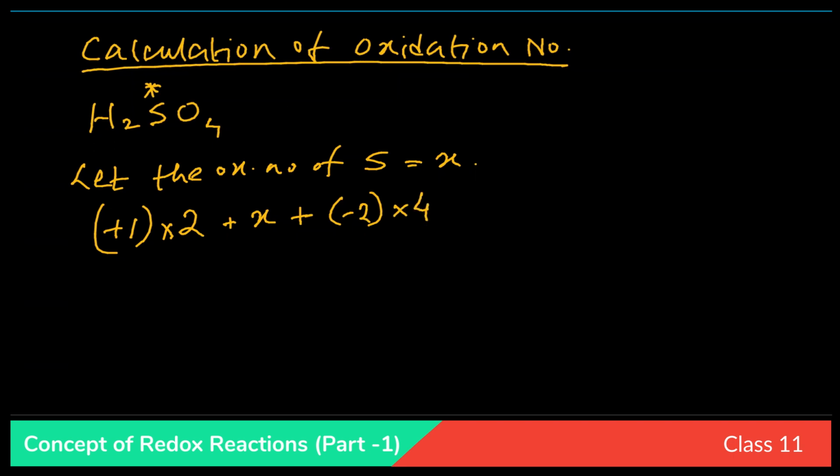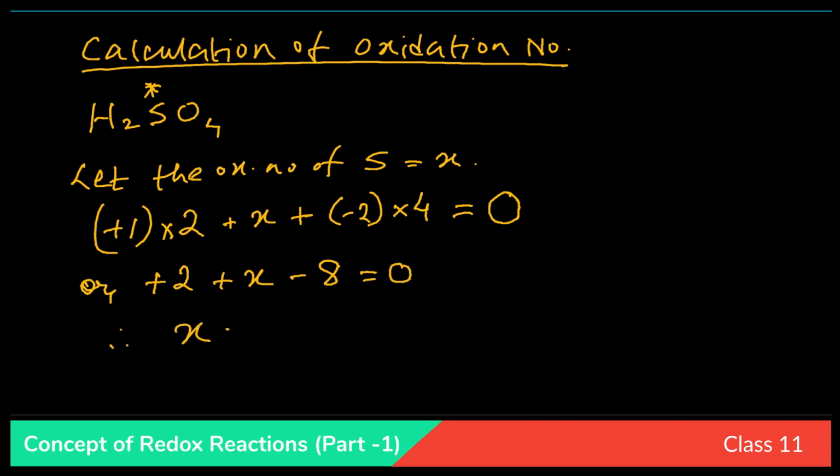Into 4. Now, as I already told you, for a compound in its neutral state, the algebraic sum of all the oxidation numbers will be equal to 0. Hence, we are putting 0 on the right hand side. Or +1 into 2 means +2 plus X plus 4 into -2, it will give me -8, equal to 0.